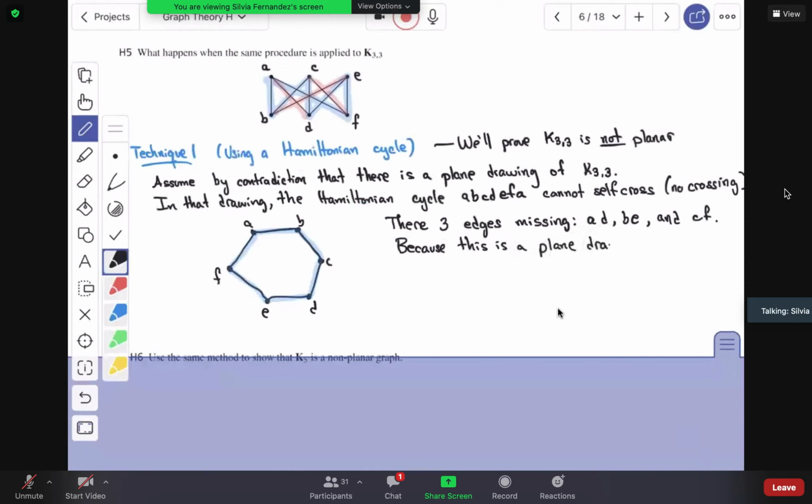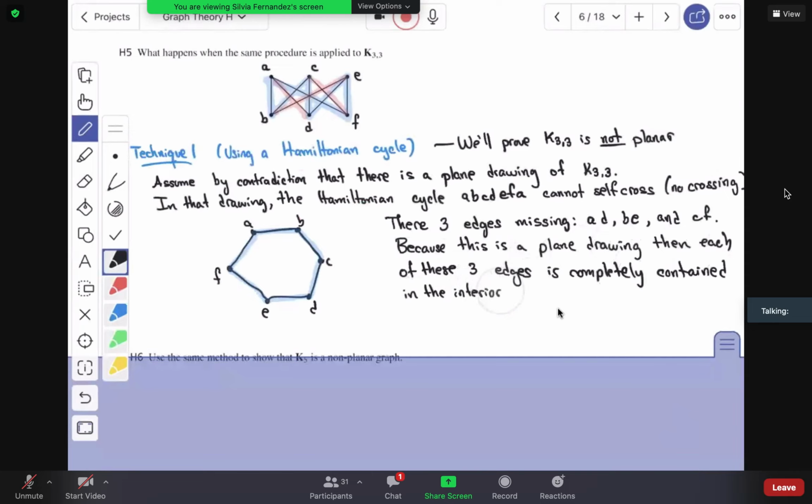Because this is a plane drawing, each of these edges is completely contained in the interior or in the exterior of the Hamiltonian cycle.